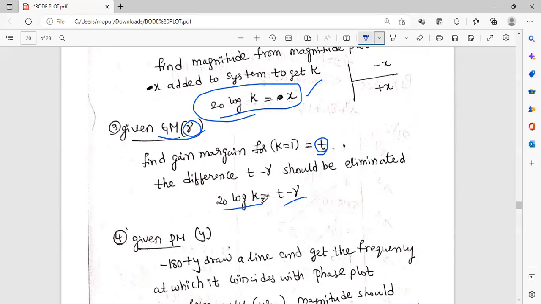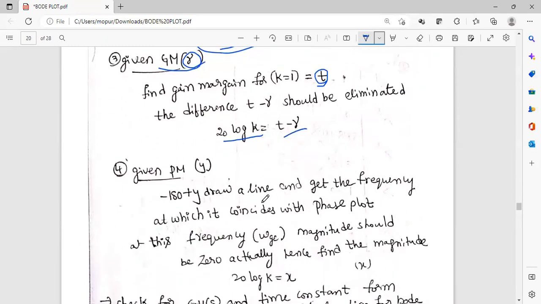Now the final case is the given phase margin. What is phase margin? Phase difference between the minus 180 degree line and the phase angle plot at the gain crossover frequency. So suppose the given phase margin is some y degrees, you just add this y degrees to minus 180 degree, minus 180 plus y. At minus 180 plus y, draw a horizontal line.